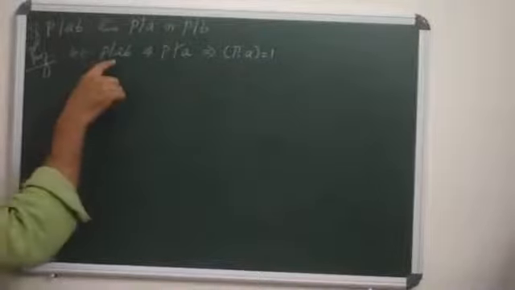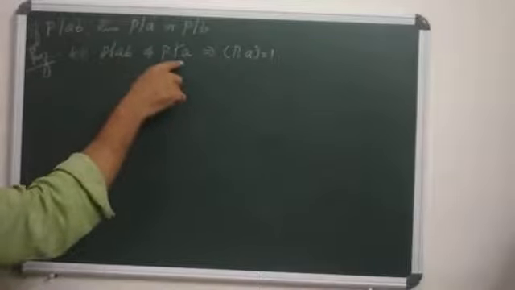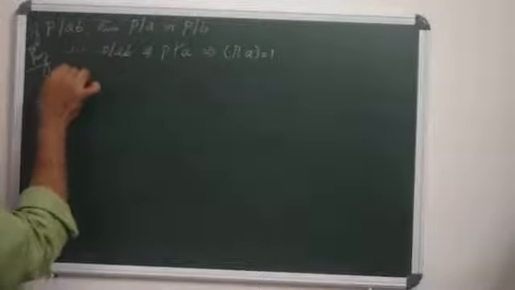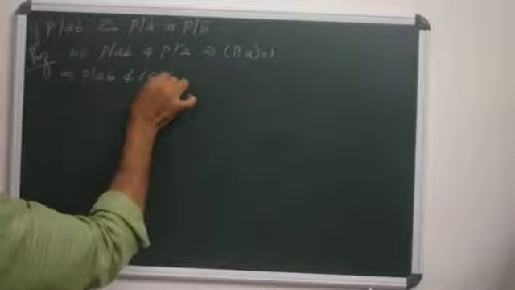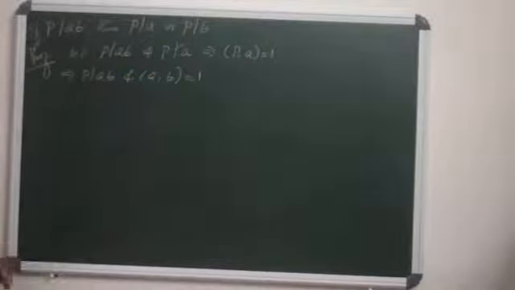So P divides AB and P and A are relatively prime. The statement is modified in this way.